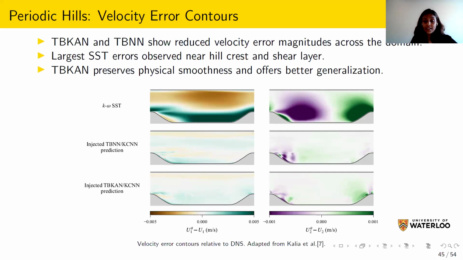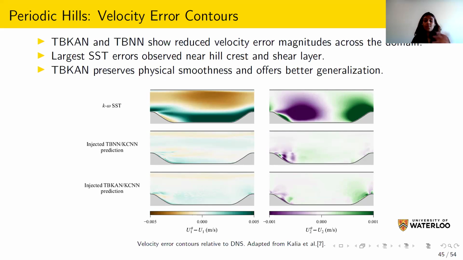I think this is better visualized when we move to the error plots. Here you can see the velocity error contours, comparing to the DNS results. For both U1 and U2, if one is performing better at separation, the other is performing better at reattachment. They show reduced velocity error magnitudes across the domain.